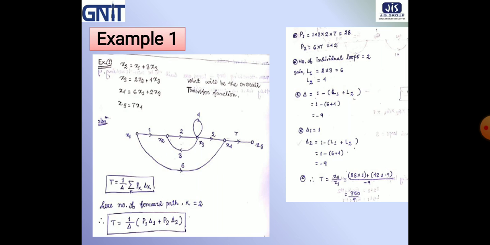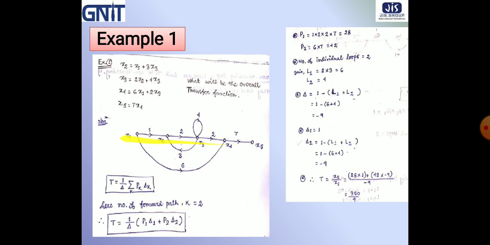Now, number of forward paths by which we can travel from x1 to x5. In which path can we travel from x1 to x5?